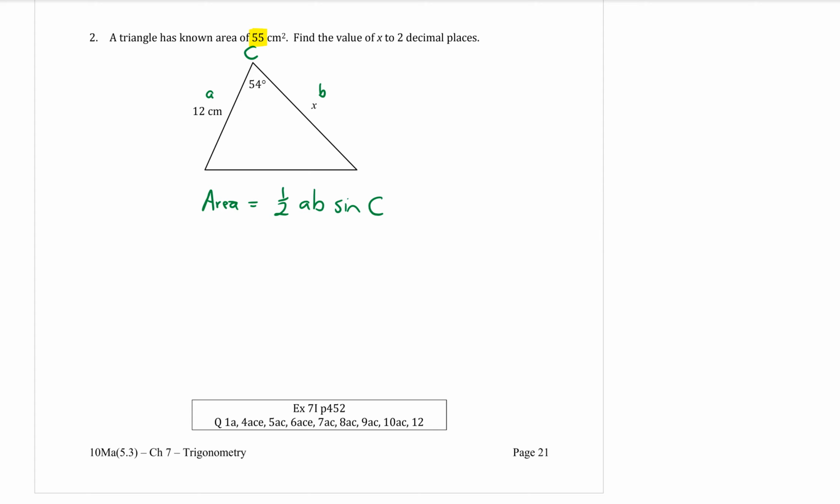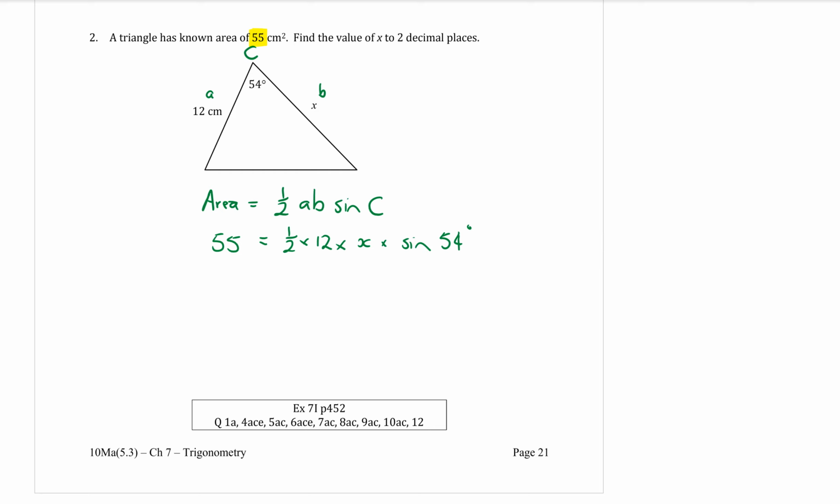So underneath area, that's 55 equals half times A is 12, B is X, times sine of the angle, which is 54 degrees. Okay, so I just need to find out what X is.